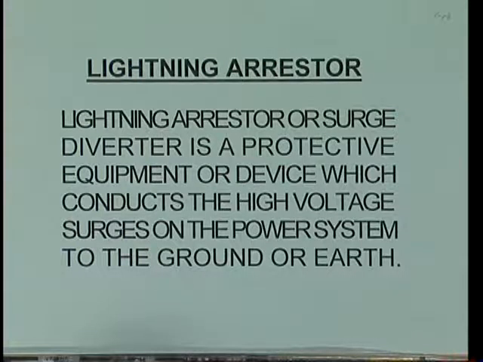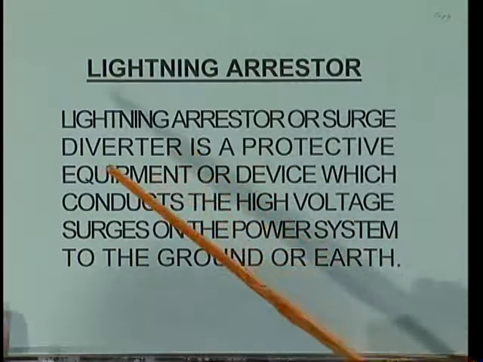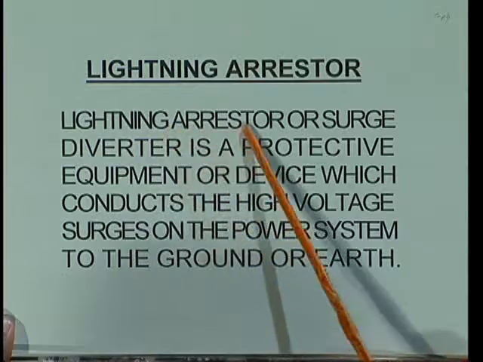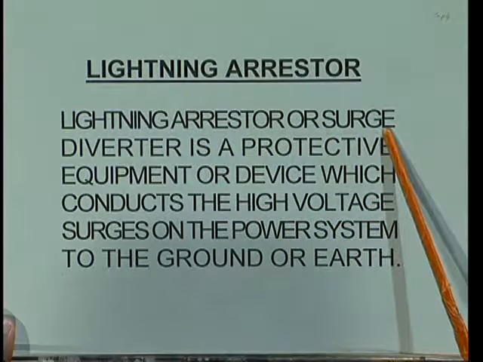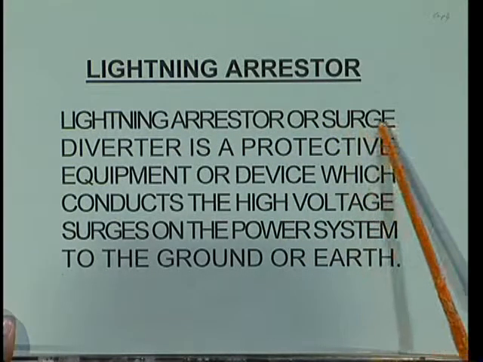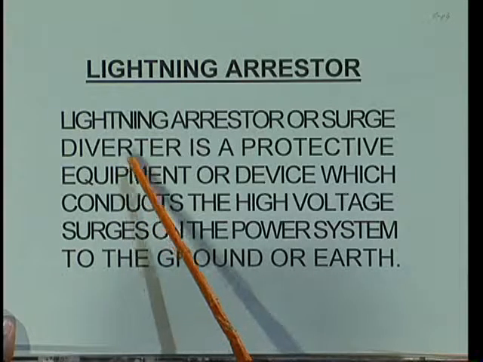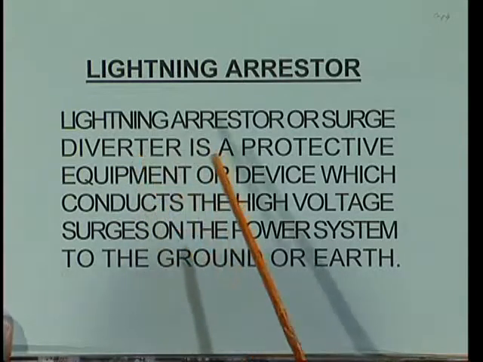So, what is a lightning arrestor? How is it connected? A lightning arrestor is a protective device. A lightning arrestor may also be called a surge diverter, because it diverts the surge or high voltage.